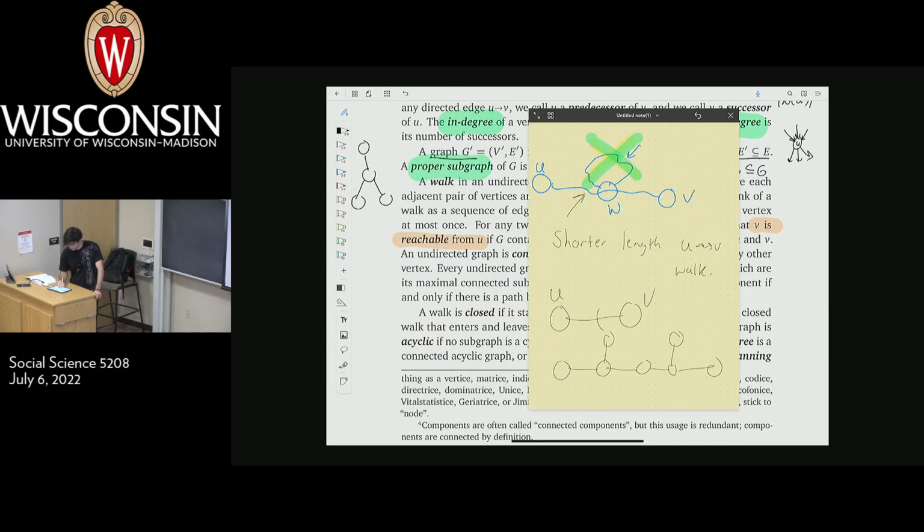There would be a walk that would have. Oh, it doesn't have to include every node. Nope. It just has to follow edges till it hits V, the end.